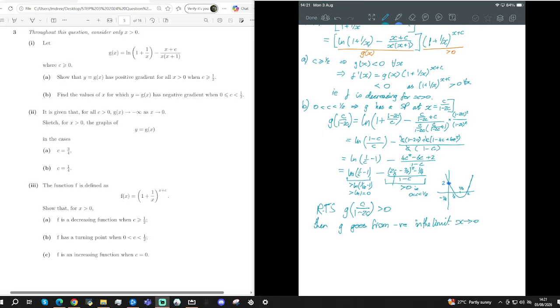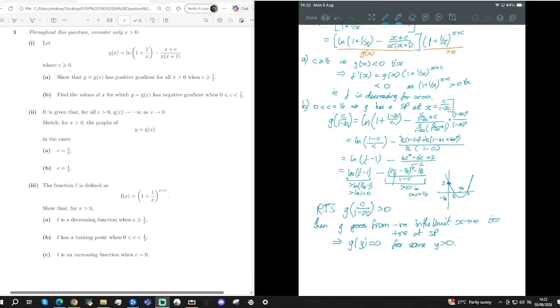x goes to 0 to positive at stationary point, which means that G of something equals 0 for some y positive. I'm basically using the idea of change of sign.